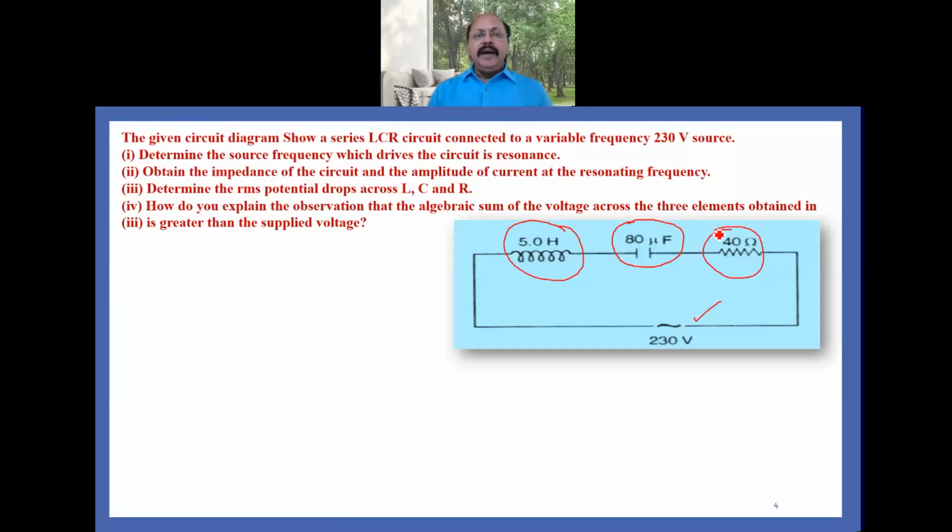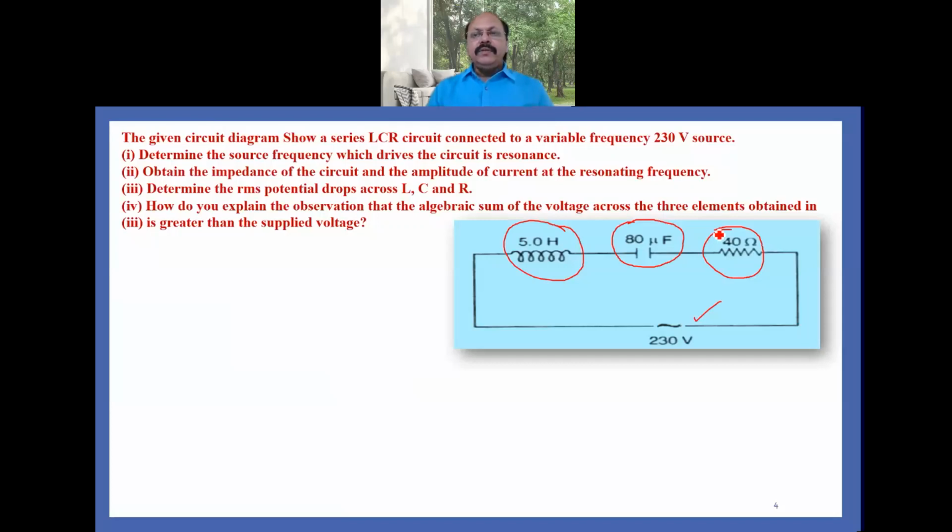Then determine the source frequency which drives the circuit to resonance. The second one is to obtain the impedance of the circuit and the amplitude of the current at the resonant frequency. Similarly, the third one is to determine the RMS potential drop across L, C and R.